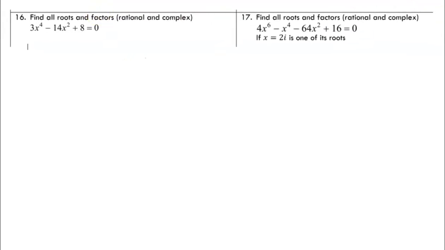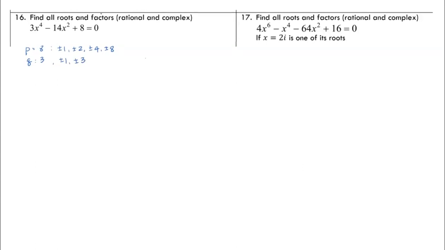Blue, P equals 8. And Q is going to equal 3. So that means it's plus or minus 1, plus or minus 2, plus or minus 4, and plus or minus 8, plus or minus 1, plus or minus 3.